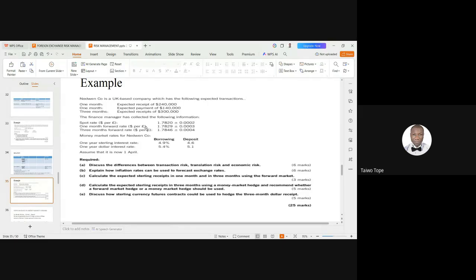Why are they complicating it? It's not complication. You're a professional. When you start working at the Nigerian Stock Exchange and you're expressing information in this form, it's not complication.